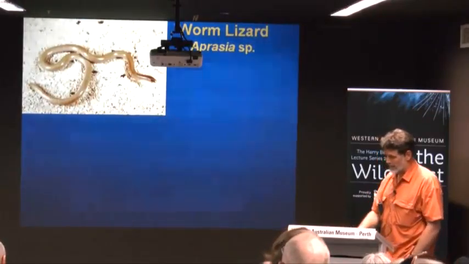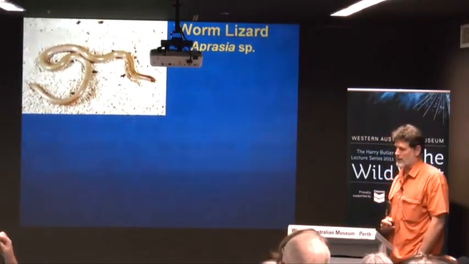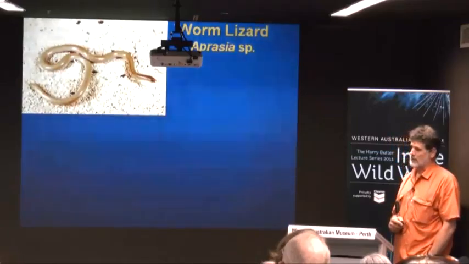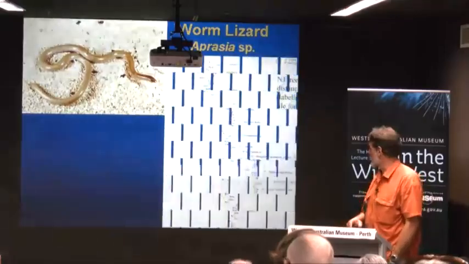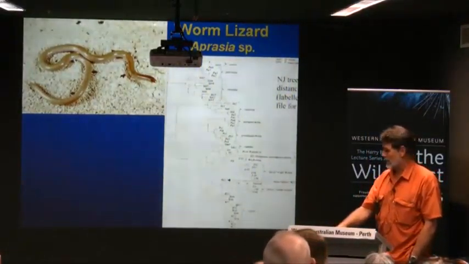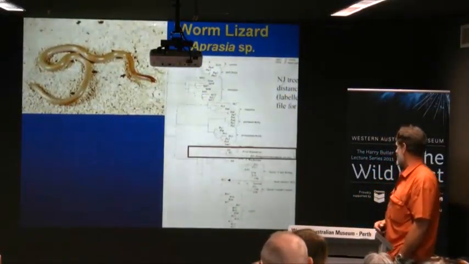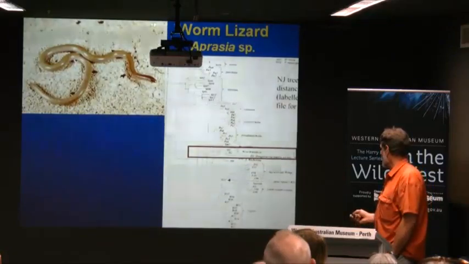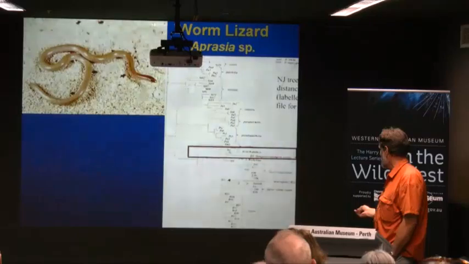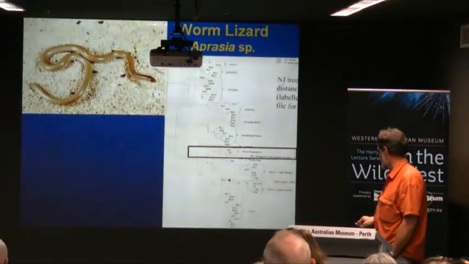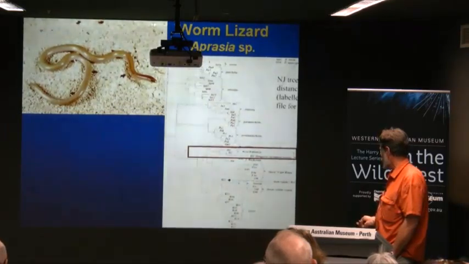Just quickly, I'll touch on the worm lizard again because I said it was a recent discovery. It got the herpetologists in our midst very excited. What we did was ship off the tissue across to the eastern states, and they ran some very sophisticated molecular screening of it. As you can see, the West Wallaby, as it is misnamed here, is quite distinct from what we thought it was, which is the West Coast form. The worm lizard that occurs mostly up and down the West Coast is Aprasia repens.